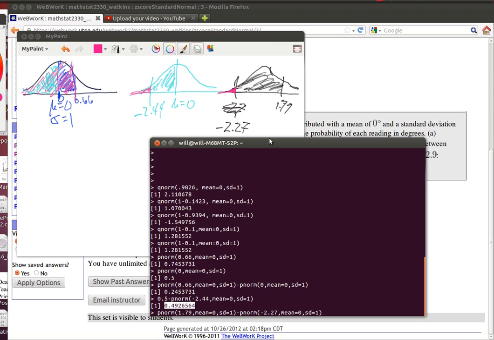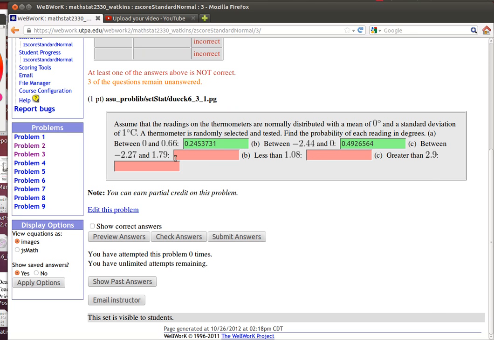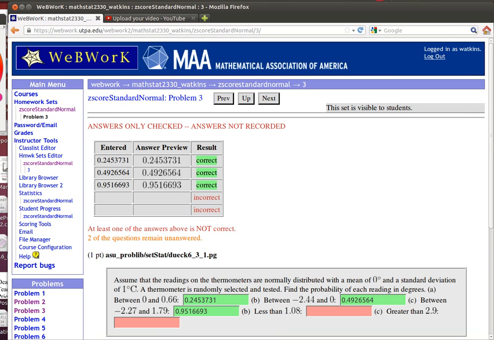The powerful thing is that this pnorm just tells us the area to the left of whatever we put in the first argument, and then we just need to tell it what the mean and standard deviation are. So there's the answer that we need for that one. We can edit that, paste that in, and check our answers. Okay, hope that helps. Good luck on the rest of them.